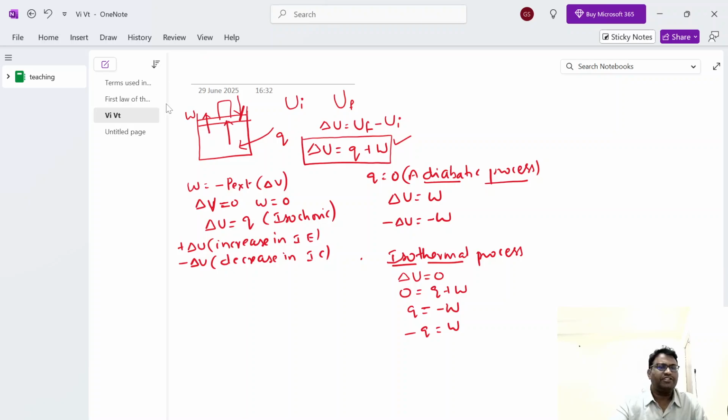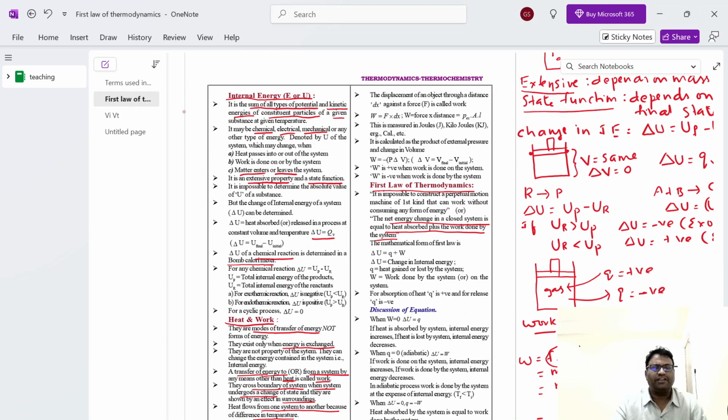There is another definition for the first law of thermodynamics. The definition is that it is impossible to construct a perpetual machine. What is meant by a perpetual machine? A machine that works without any interference. Perpetual means working continuously. A perpetual motion machine of the first kind works without consuming any form of energy.